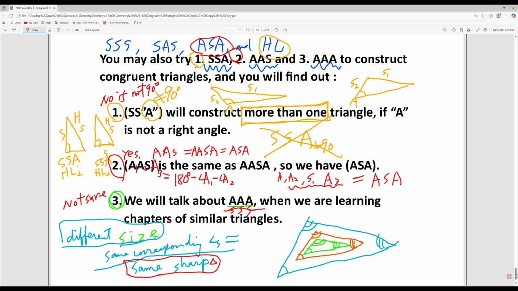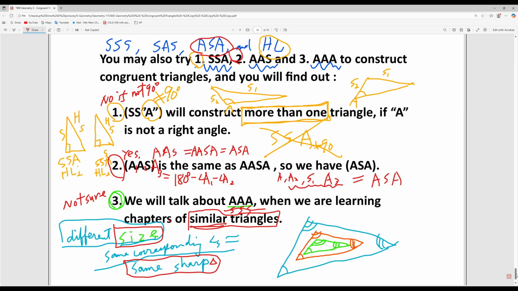Same shape triangles, in another chapter, we are going to talk about them. The official name is similar triangles. The triangles have the same shape, so they look similar, maybe the same size, maybe not the same size.